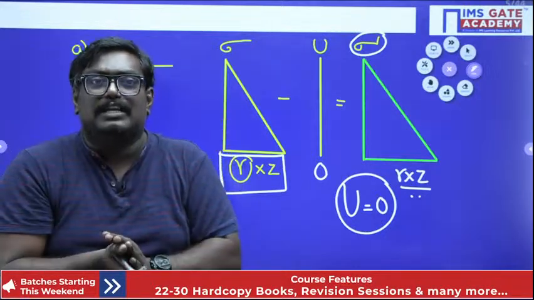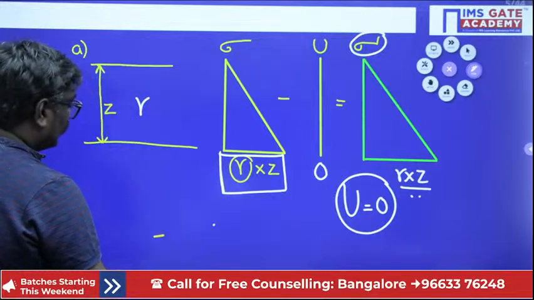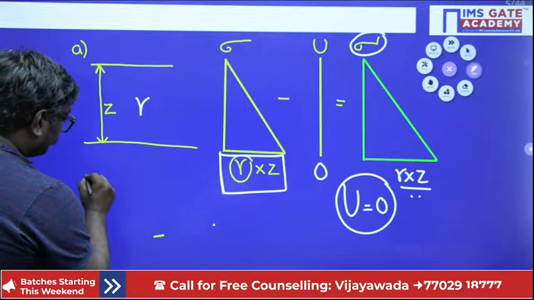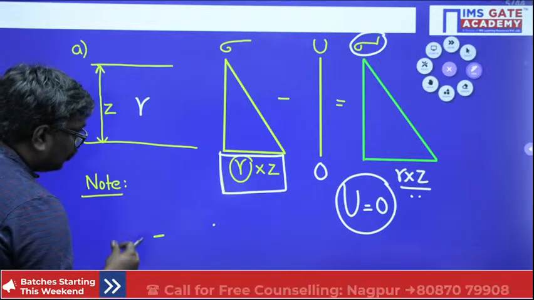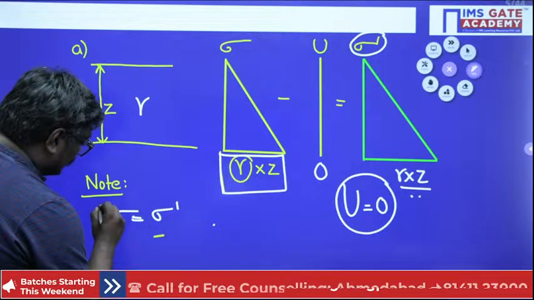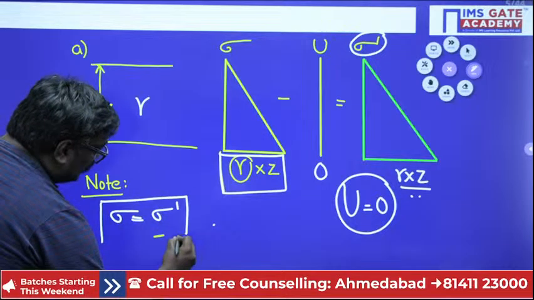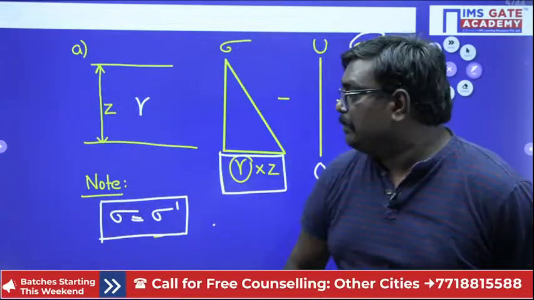What I have observed is total stress, my dear students, here you can write it as a note. You can write it as a note that total stress is equal to effective stress. What, sir? Total stress will be equal to the effective stress. That is the very important point.